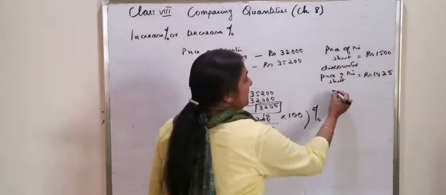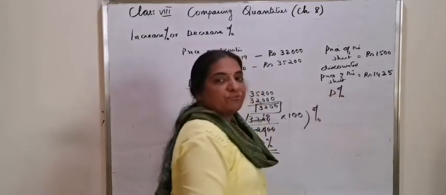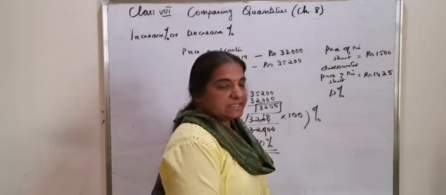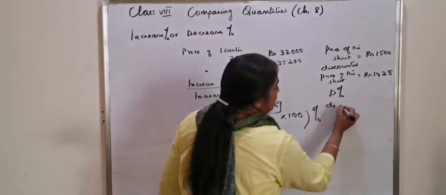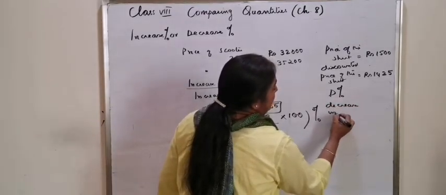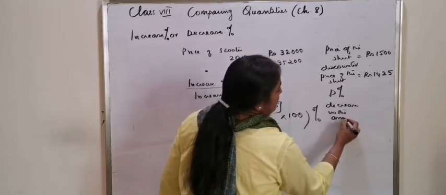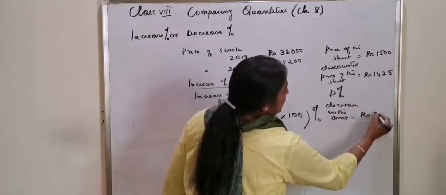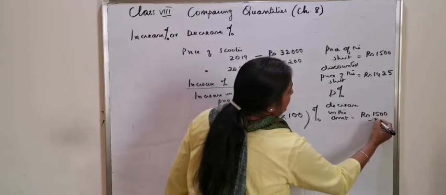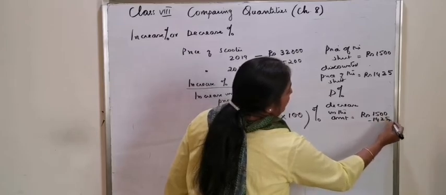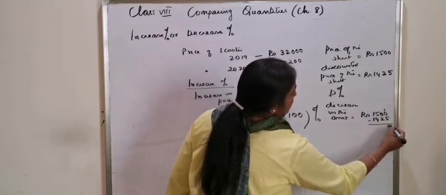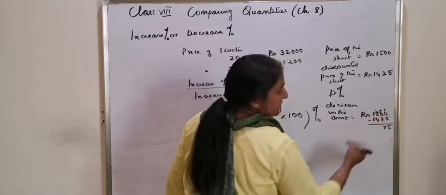So how do you calculate the percentage of discount the salesman has kept? The decrease in price is rupees 1,500 minus 1,425. That means it is 75 rupees.